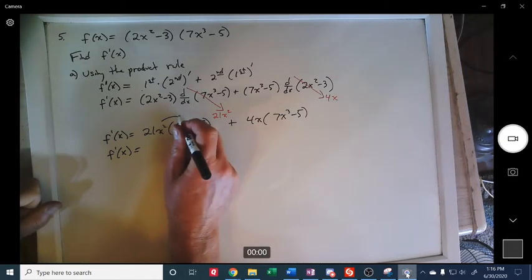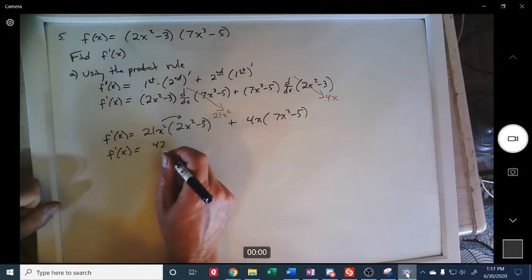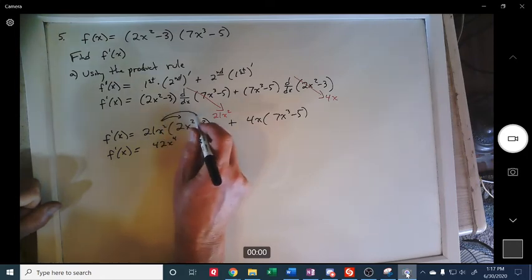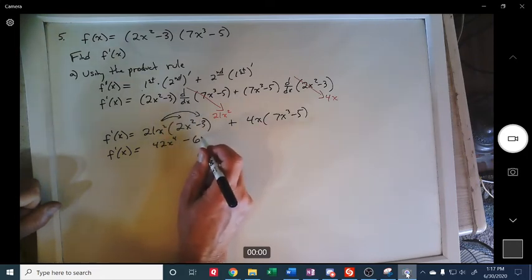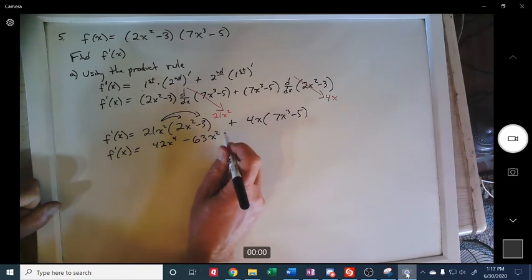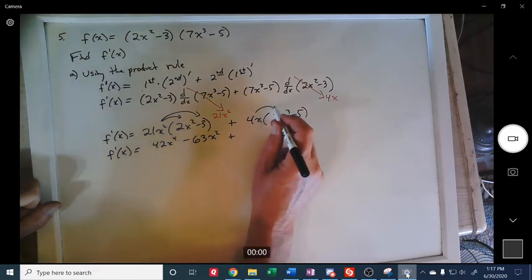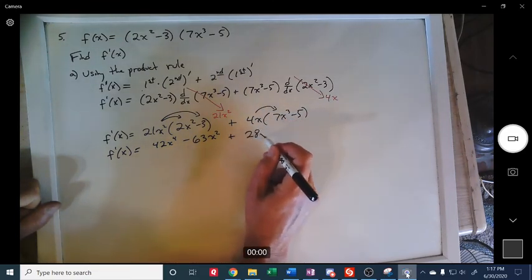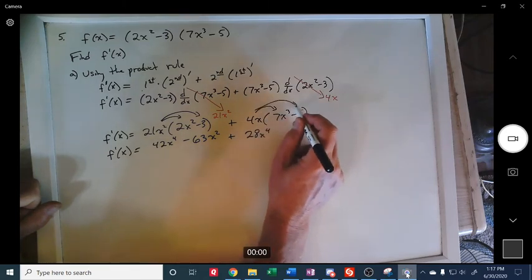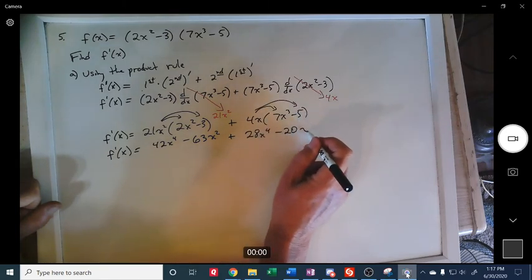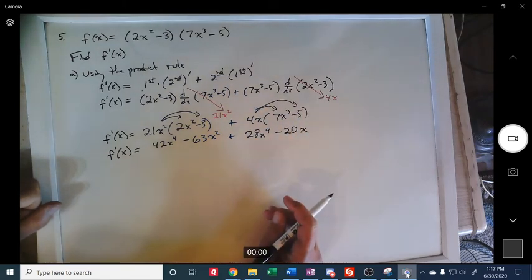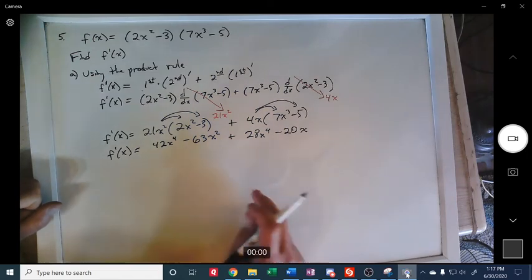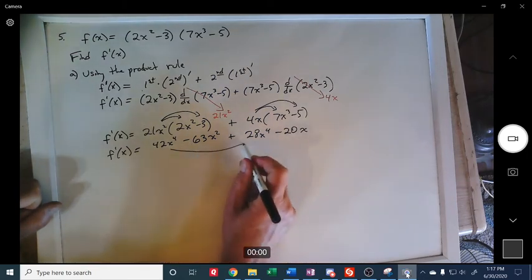And I distribute out: 42x to the fourth, minus 63x squared, plus 28x to the fourth minus 20x. And are there any like terms? Yeah, these two are like terms.